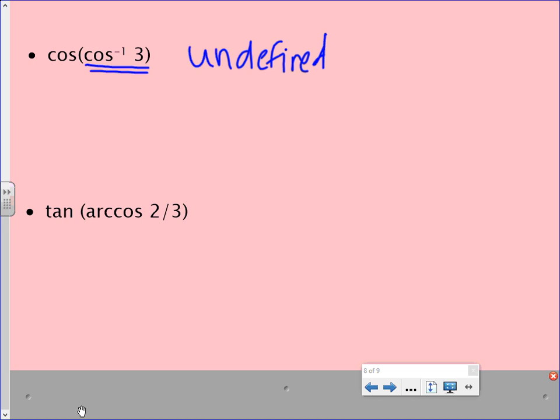The tangent of arc cosine of 2/3. Is 2/3 a unit circle value? It's not, which means we have to draw a picture. Not a problem. We can draw pictures. Arc cosine is describing an angle, and since it's positive, it's describing a first quadrant angle, where the cosine is 2/3, adjacent over hypotenuse.